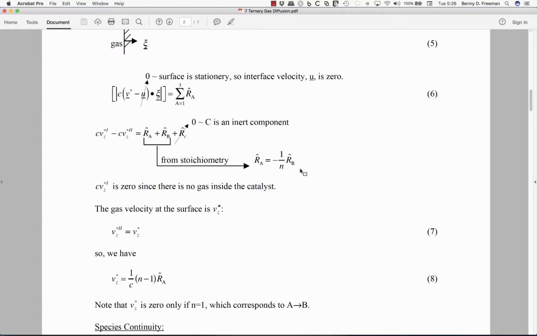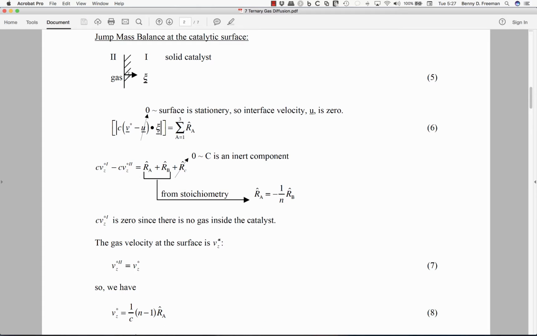A goes to nB on that catalytic surface, and so that implies the relationship shown here between the net rate of consumption of A and the net rate of production of B. And so we can write this term only in terms of, for example, the rate of consumption of A and the stoichiometric coefficient n.